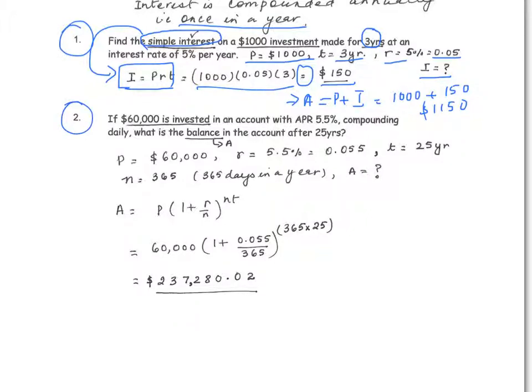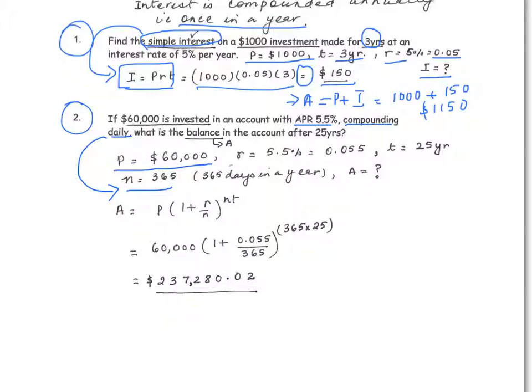$60,000 is invested in an account with an annual percentage rate of 5.5% compounding daily. Remember, we talked about this. Daily compounding would mean compounding 365 days in a year. The amount that you invest into the account is 60,000.